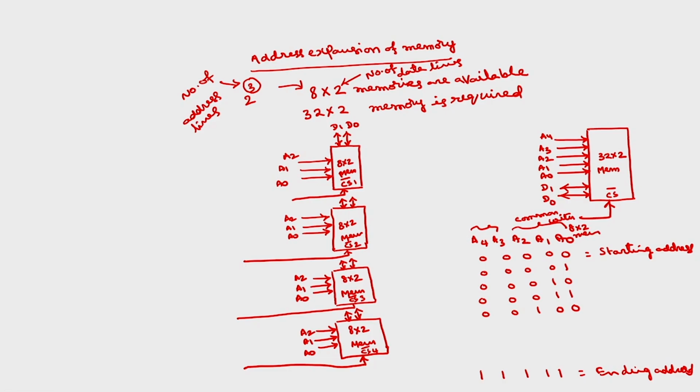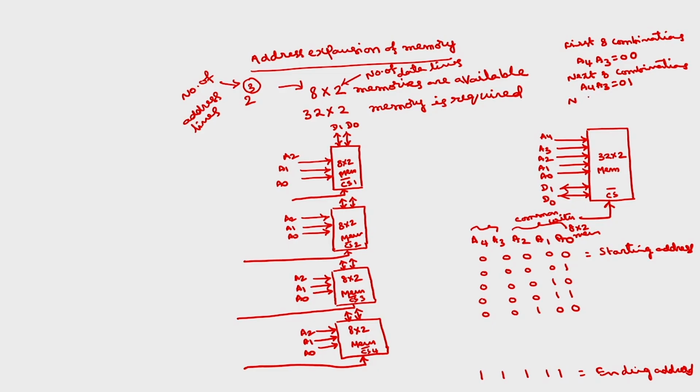If I draw all 32 combinations, you can observe that in the first 8 combinations, A4, A3 is equal to 0 0. So, in 32 we have 4 8s. In the next 8 combinations, A4, A3 is 0 1. We can draw these 32 combinations and you can check this.